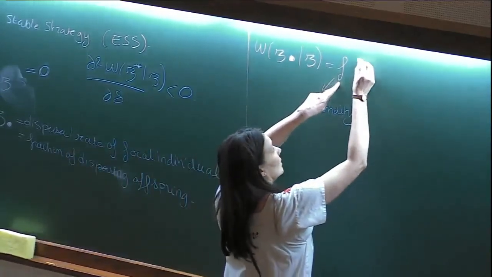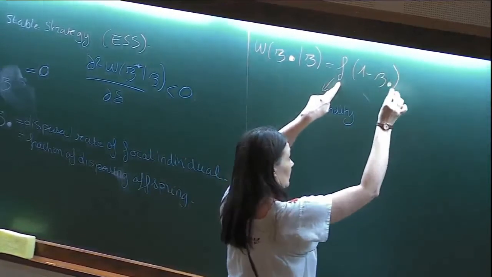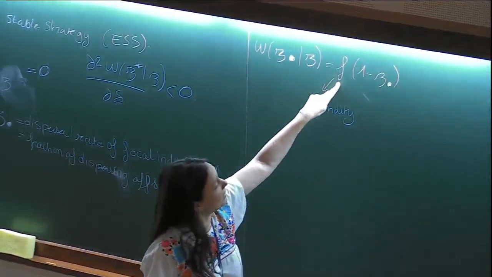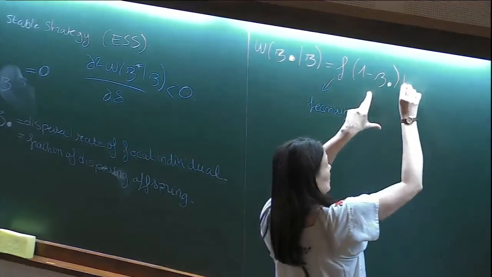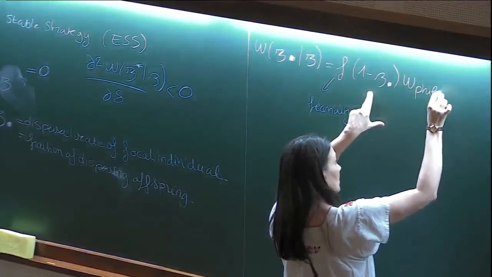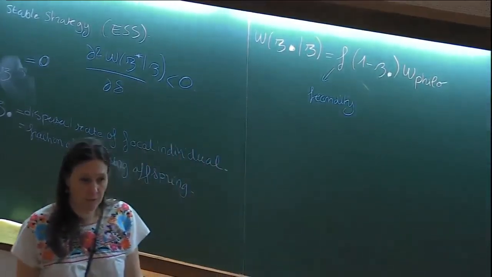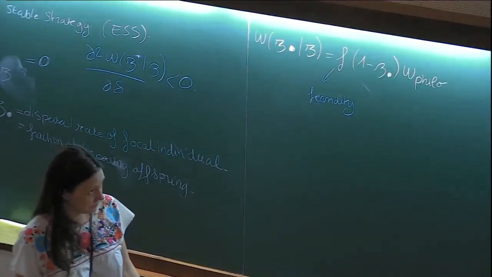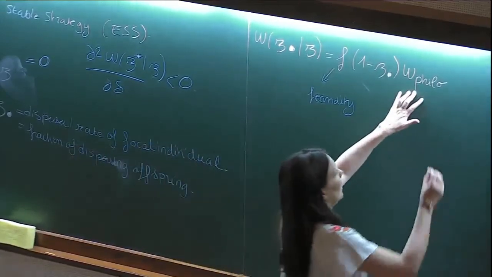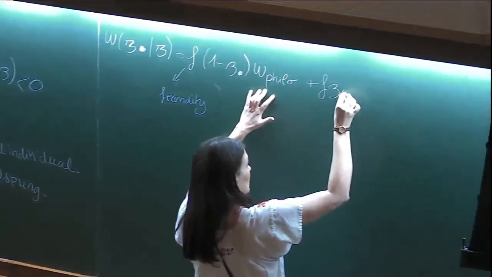Then a fraction 1 minus Z dot are going to stay in the natal patch. And those will have some survival, which I call W philo, like philopatric. And the other offspring are going to disperse.